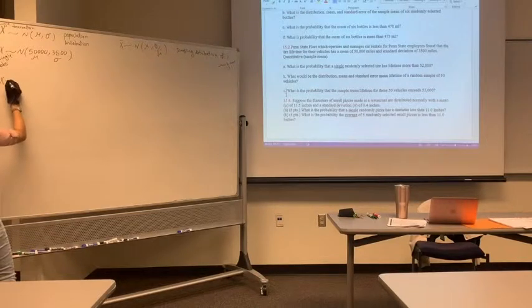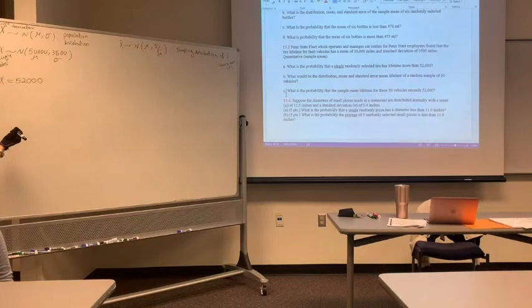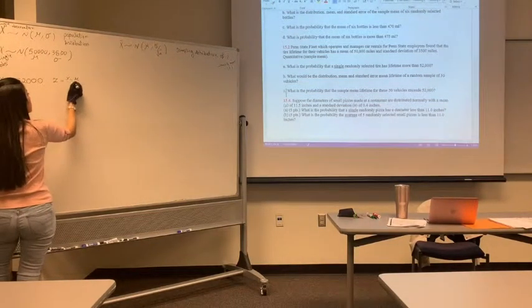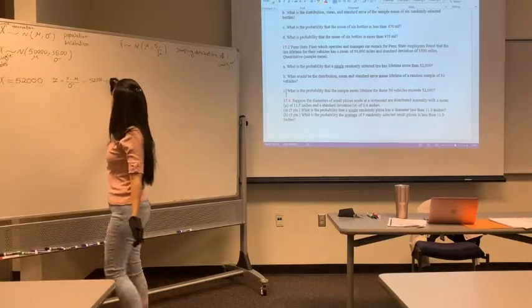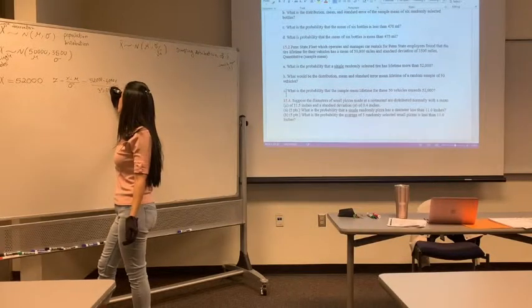It says, what is the probability that a single randomly selected tire has a lifetime of more than 52,000? Okay, we start with X equal to 52,000, correct? Z is equal to X minus mu divided by sigma, equal to 52,000 minus 50,000 divided by 3,500.